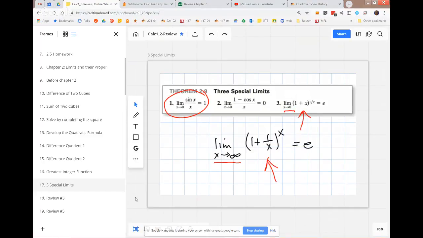The second one, the limit as x approaches 0 of 1 minus cosine x over x, that's 0. And then you've got this e guy on the end there. The limit of 1 plus x to the 1 over x power as x approaches 0 is e. Now, this one down below is another form of the one on the right.